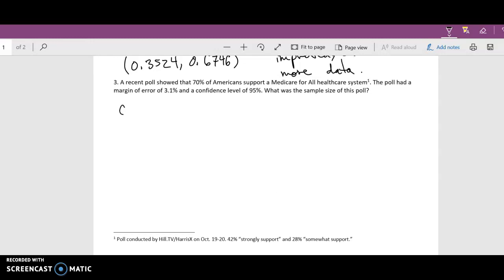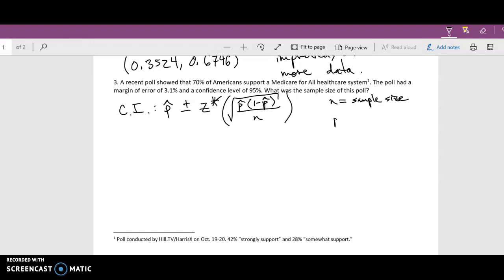Well, so in general for a confidence interval for proportions, it's p hat plus or minus z star. It's kind of review from last class. Times the square root of p hat times 1 minus p hat over n. Well, n is the sample size, always. P hat here is 0.7.